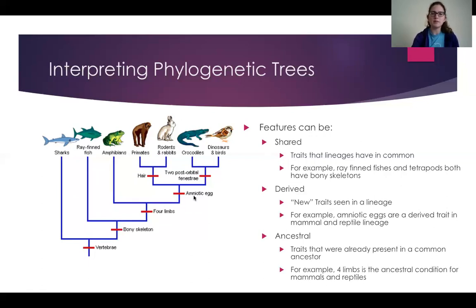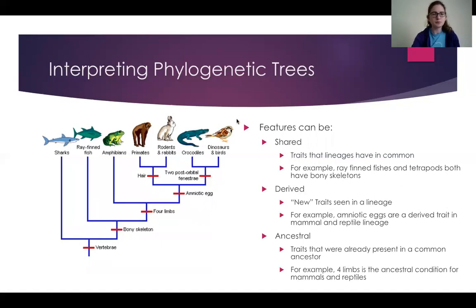So for example, the amniotic egg is a derived trait for this lineage here that includes mammalian organisms as well as reptilian organisms. Furthermore, traits could also be ancestral. Ancestral traits are traits that the ancestor of that organism already had.